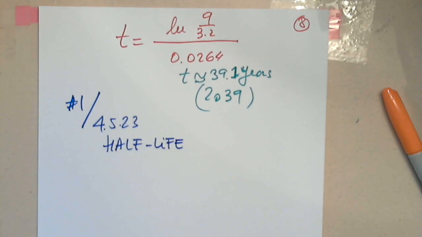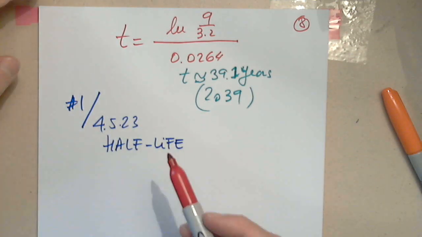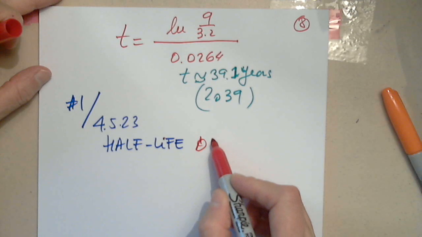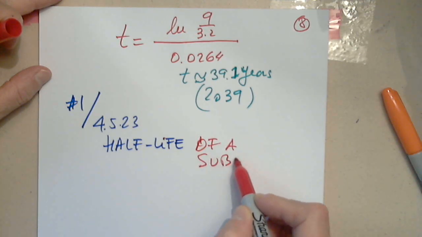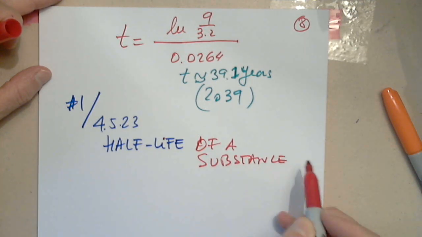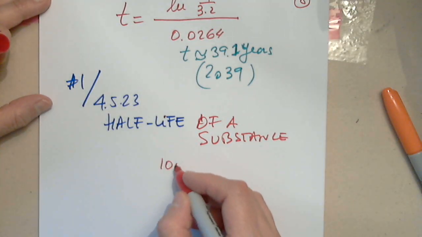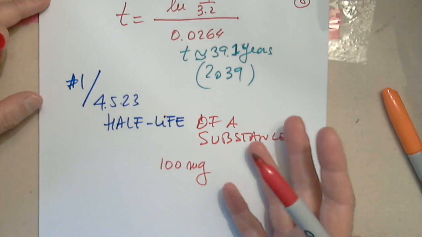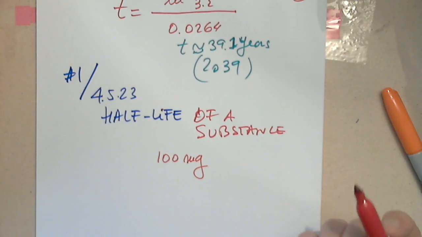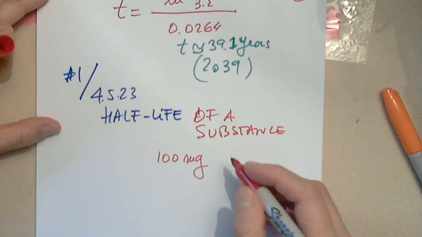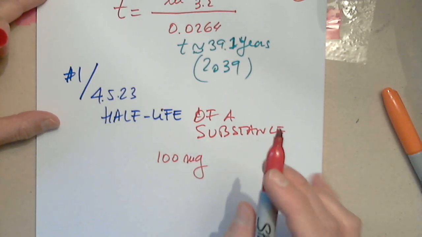Okay, so the half-life of a substance. As an example, let's suppose I take 100 milligrams of some medication. Since I just did a problem with my other class for aspirin, I'm going to say I take aspirin.